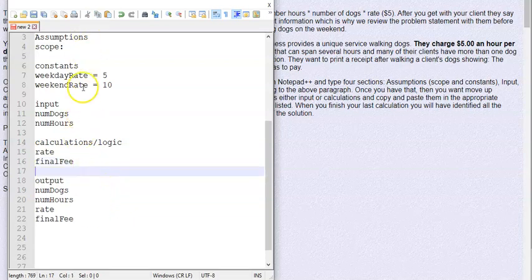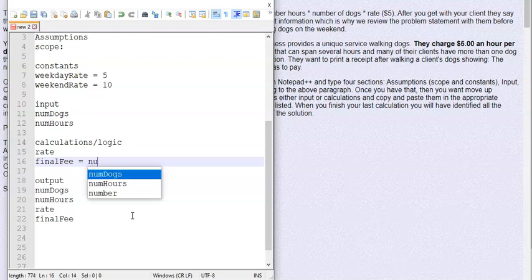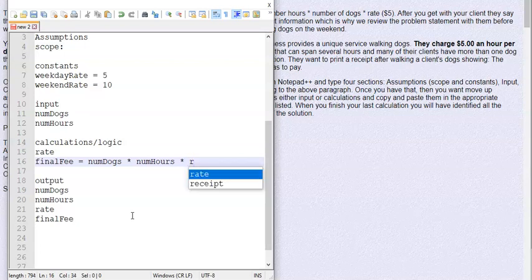All right, so now that we have everything all set up, the next thing we have to do is determine what our final calculation is. And it's the same as what we used last time, except the rate is going to change. So it's going to be the number of dogs times the number of hours times the rate. And that's exactly the math we used last time.